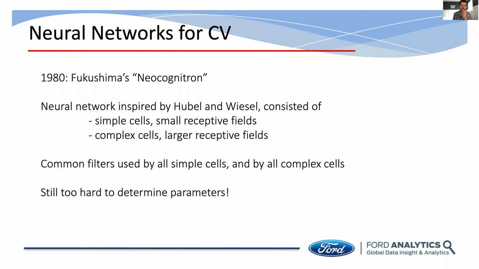So one of the advantages, other than being biologically inspired by cat vision, is that these filters that detect edges can be reused. You can look at each individual piece of the image and try to detect edges by using a single filter as opposed to trying to learn unique weights for every pixel.